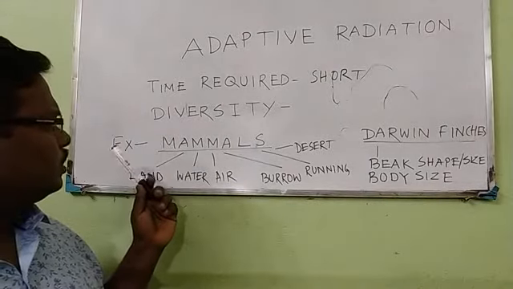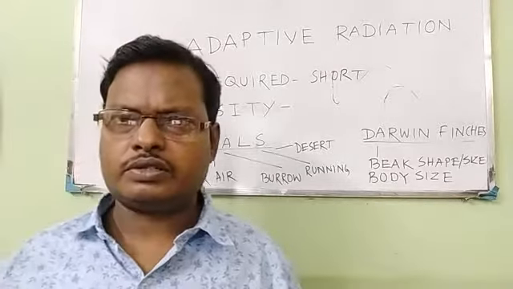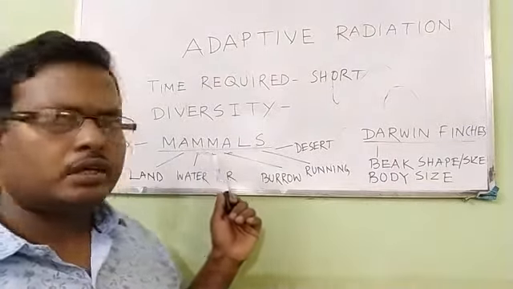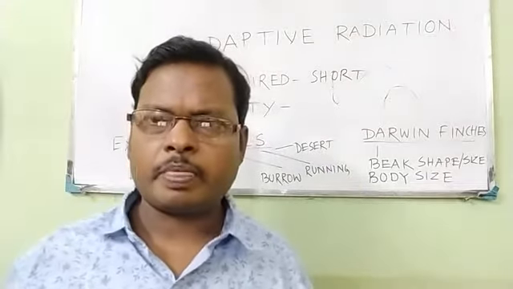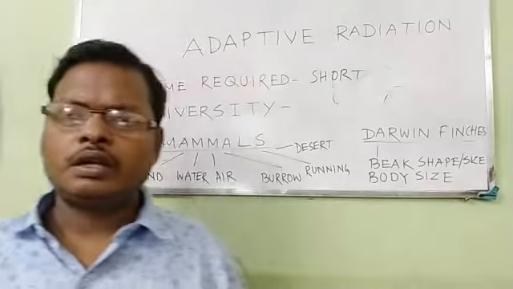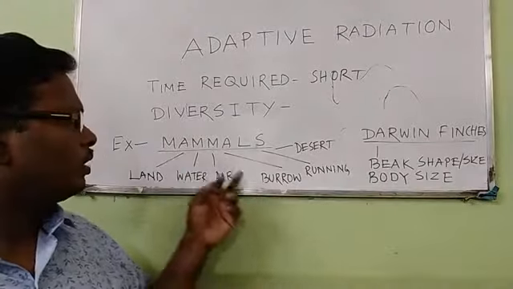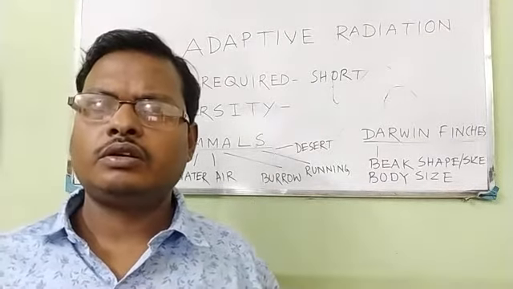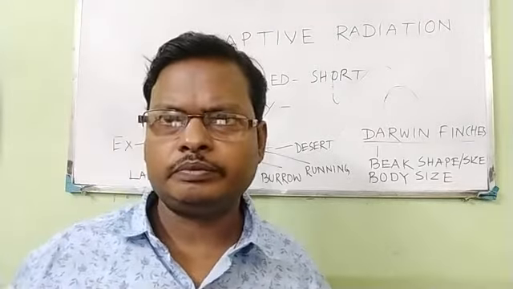This is found in some animals and is most prominent in mammals, Darwin finches, and Metatherian mammals, which show adaptive radiation within a relatively short period of time.